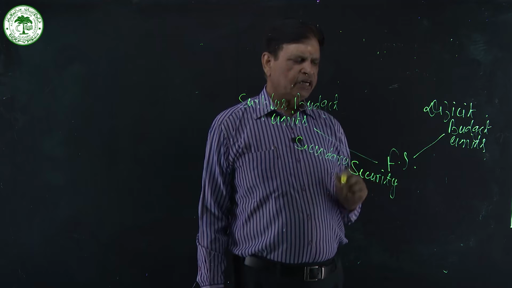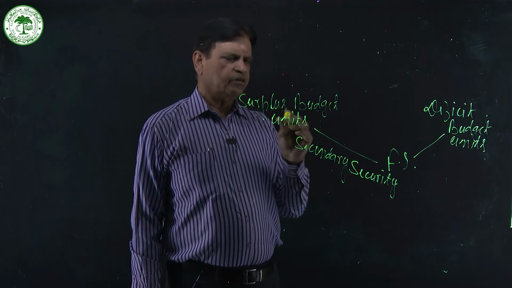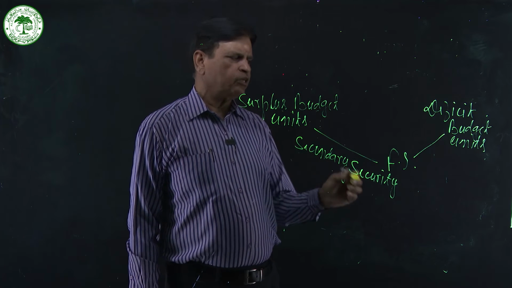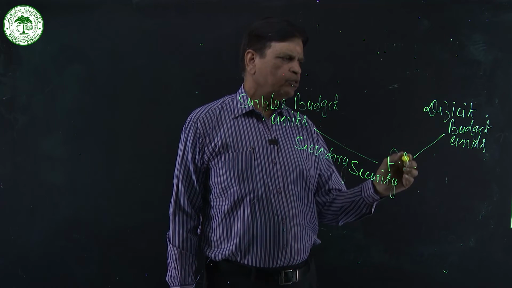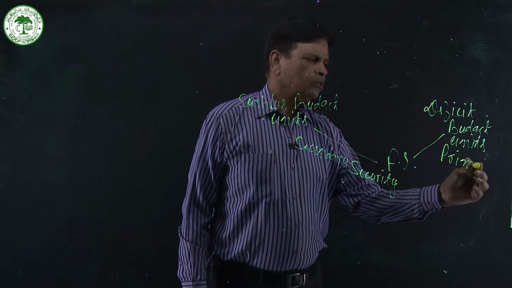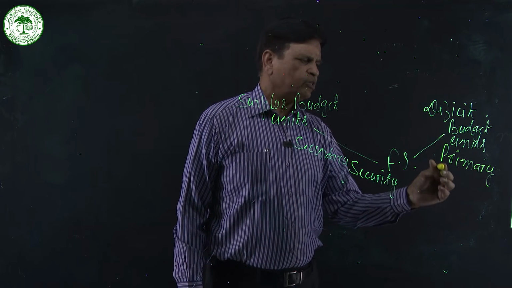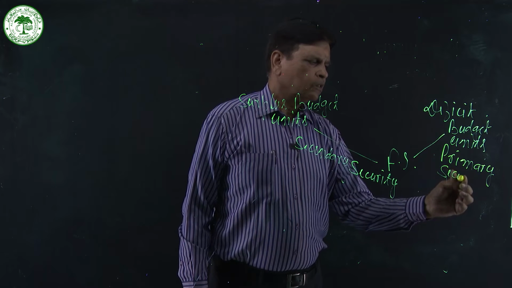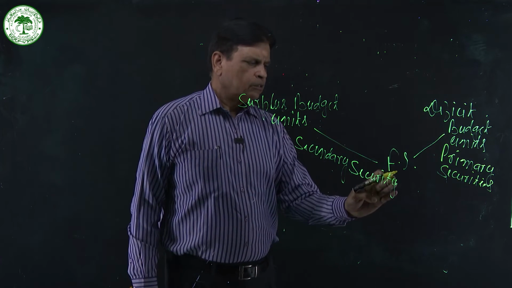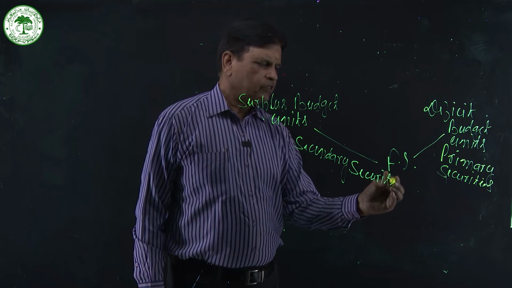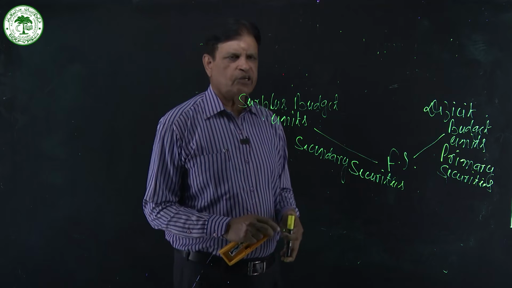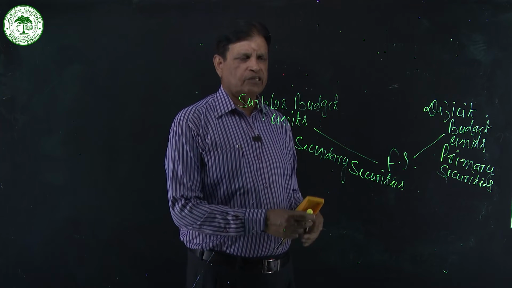And then the money that financial intermediaries have collected from the surplus budget units by issuing secondary securities is used for purchasing the primary securities issued by the deficit budget units. We may define what are primary securities and what are secondary securities.